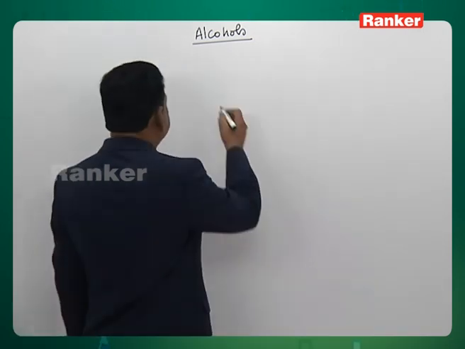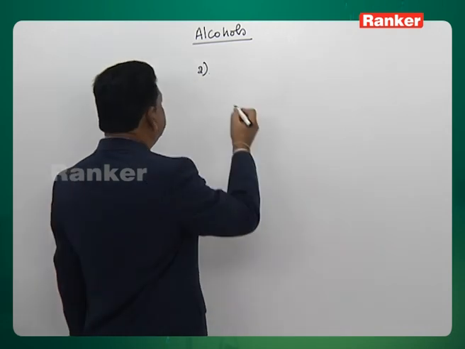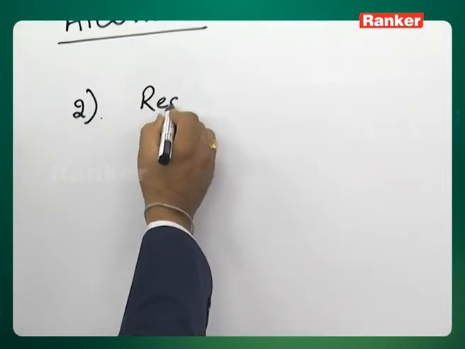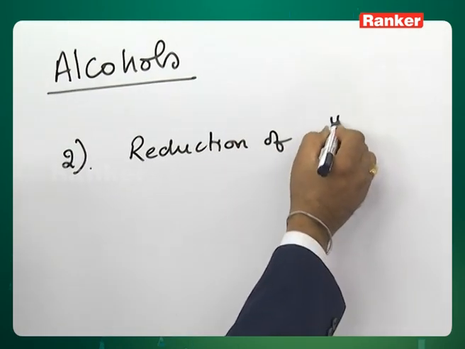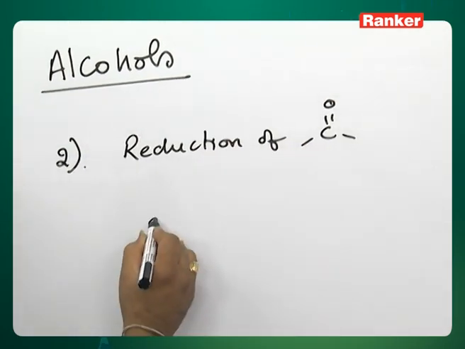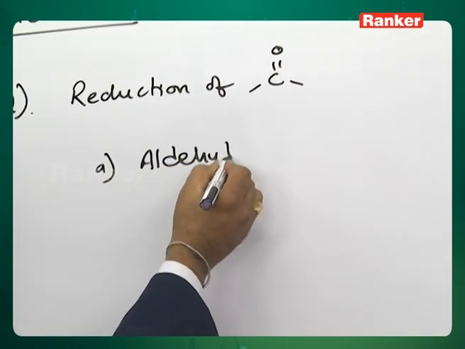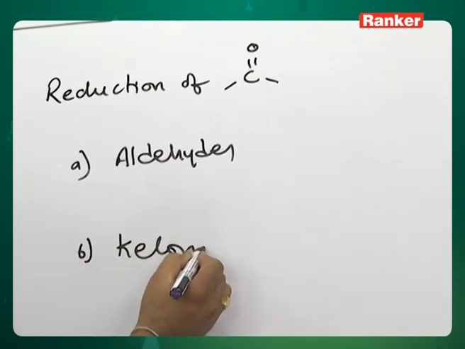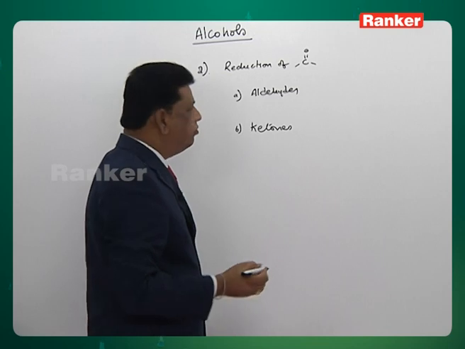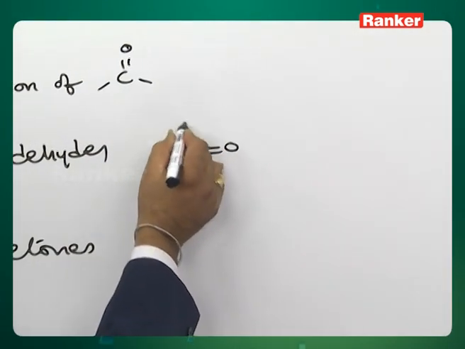Let us go to the second method, the preparation of alcohols by reduction of aldehydes and ketones. Reduction of a carbonyl compound can be subdivided into aldehyde reduction and ketone reduction. Both give the corresponding alcohols. Any aldehyde starting from formaldehyde you can take and reduce it.